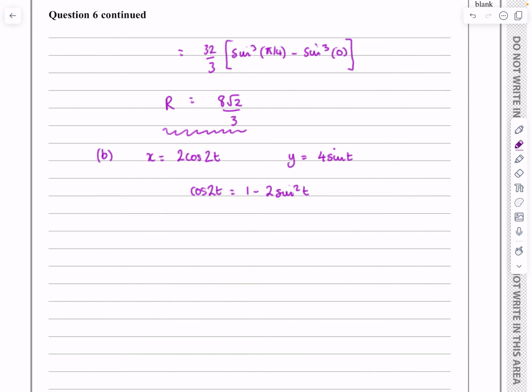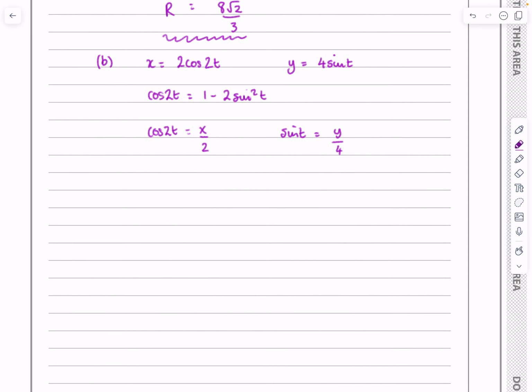So all I'm now going to do is say, okay, if I want to get cos 2t, cos 2t is just x over 2. Sine t is just y over 4, so I can sub all of that in.